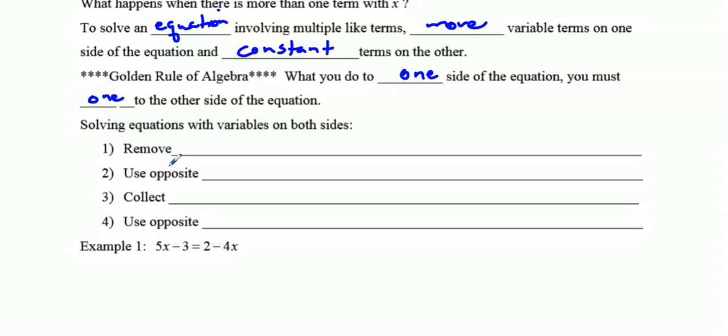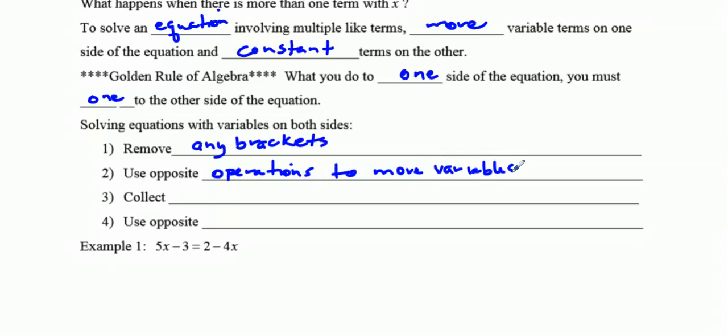So when you're solving equations with variables on both sides, you're going to remove any brackets. You're going to use opposite operations to move variables to one side and constants to the other side.